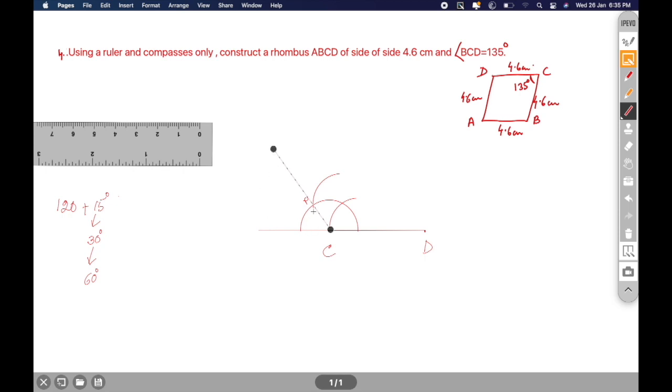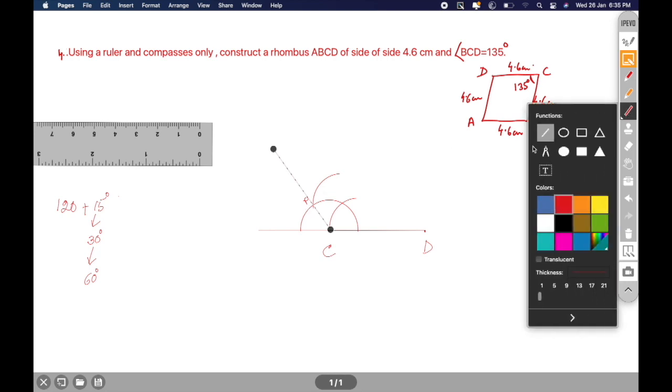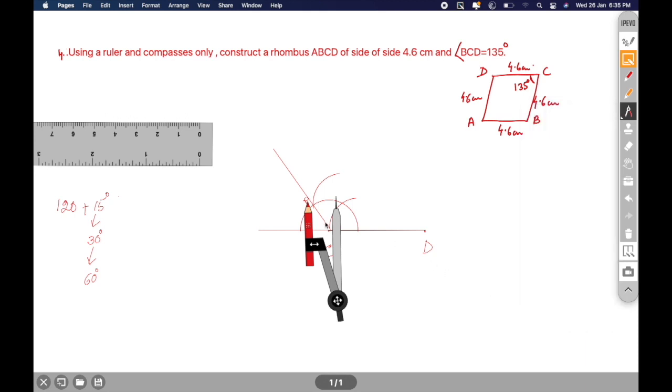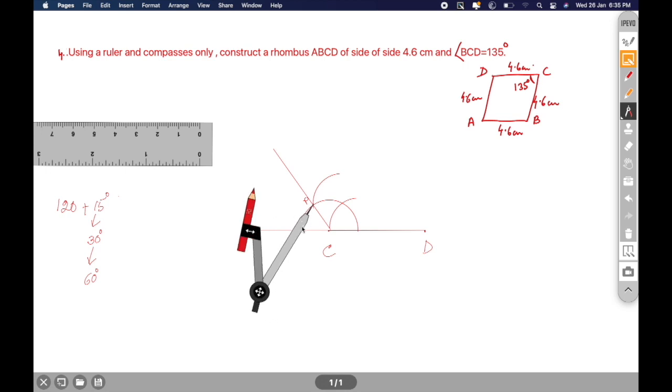Now the remaining angle is 60 degree, which is to be bisected to obtain 30 degree. So what we have to do, using a compass and with P as center and any radius, we will draw an arc here, and with this point as the center, which is external to the line segment CD, we have to draw the second arc here.